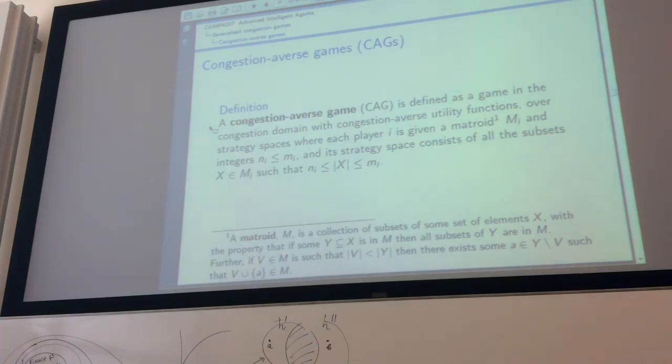And now we say that a game that has a utility function with those 3 properties would be a congestion averse game under one more condition, not on the utility function, but on the strategy sets.